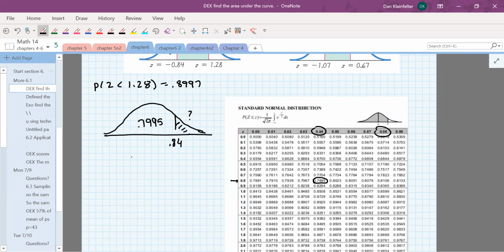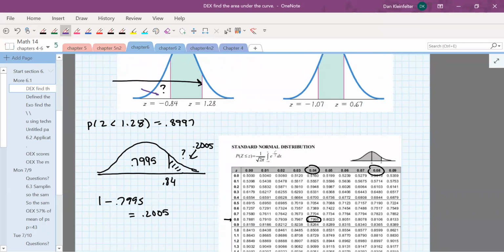The area under the whole curve is 1, so 1 minus 0.7995 is going to equal 0.2005. That's the area in the right tail here, and so that would be the area in the left tail up at the top shown in purple.